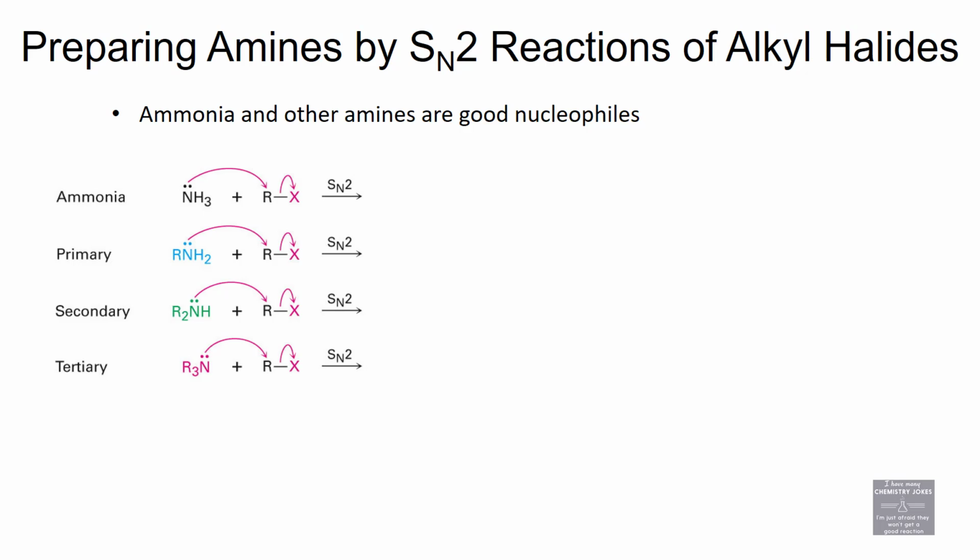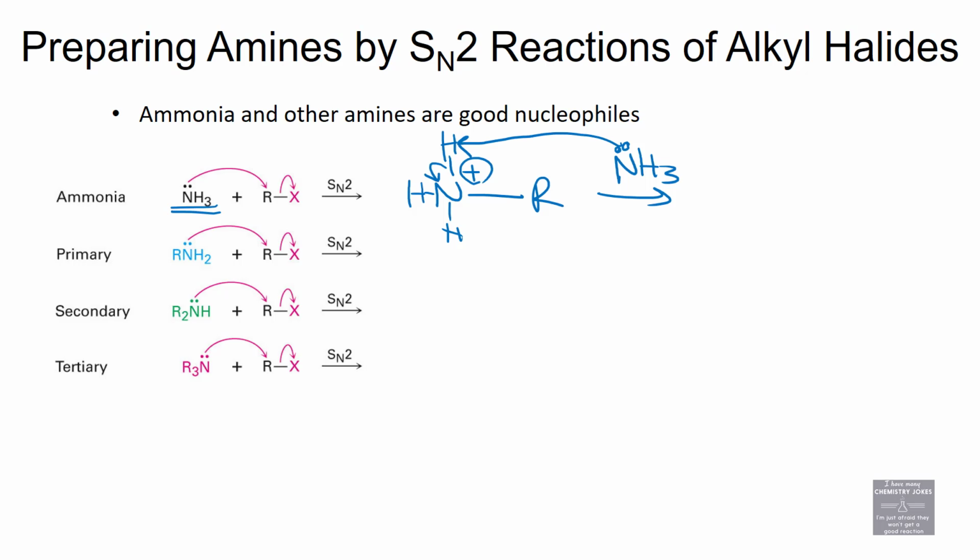According to these curved arrows, what I would get is NH3 connected to an R group. Well, NH3 is ammonia. Ammonia is a base. So if I have some NH3 around, after I do that substitution, that NH3 is going to deprotonate that ammonium ion to make an NH2R compound.